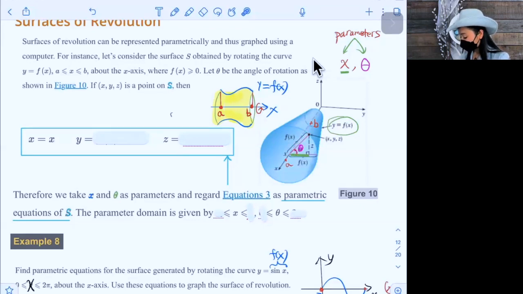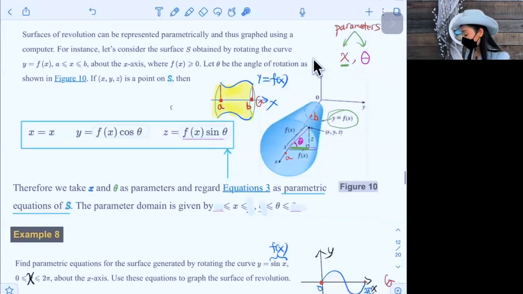Okay, good. Now what about z? Z is this one. This is f of x, this is theta. Z is opposite to this angle. So what does z equal to? f of x times what? Sine of theta, right?